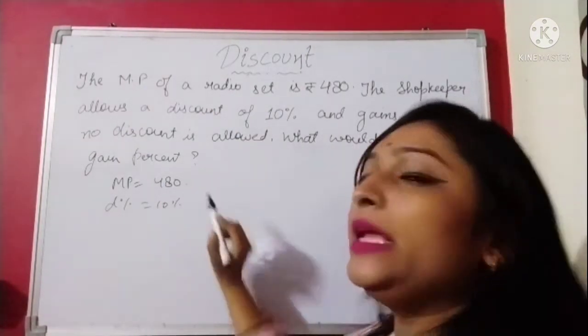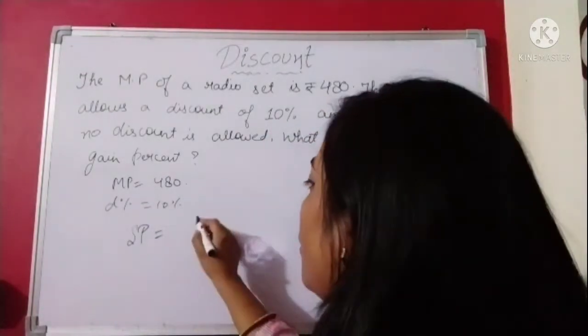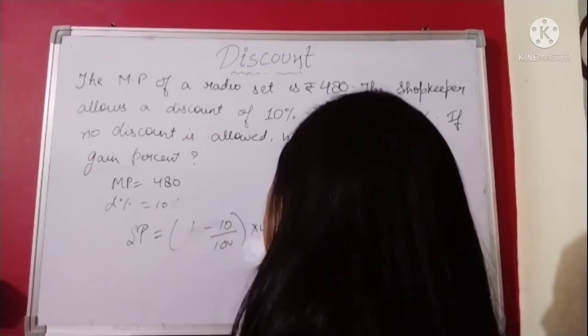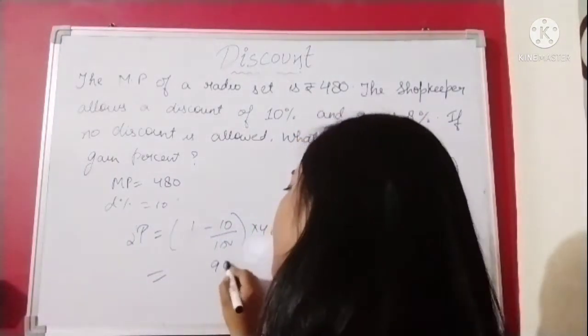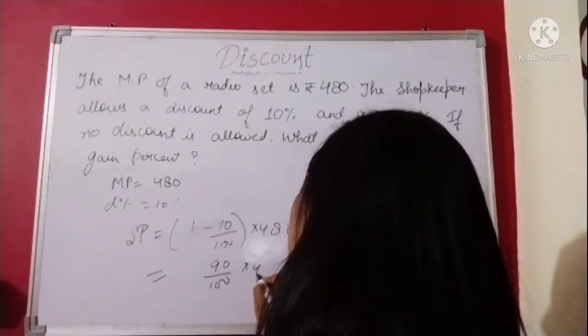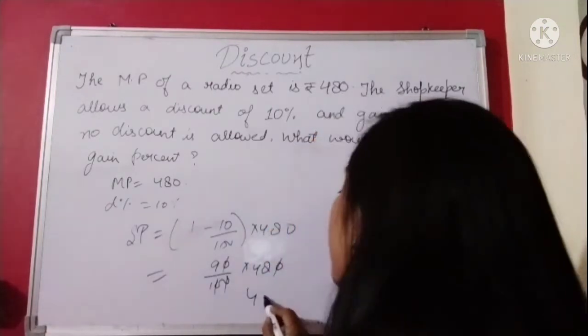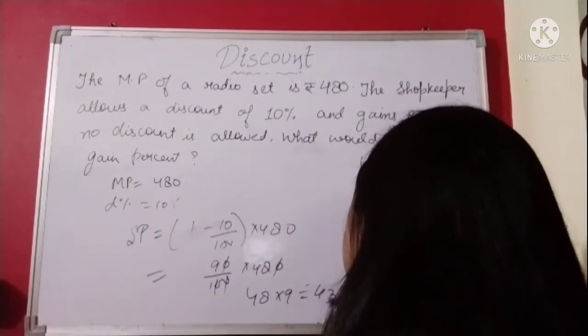From this MP and discount percent, we can find the selling price by using the formula. So let us apply the formula and get the value of SP. So 100 minus 10 will be 90 upon 100 into 480. When we simplify, we will get 48 into 9, which is 432.